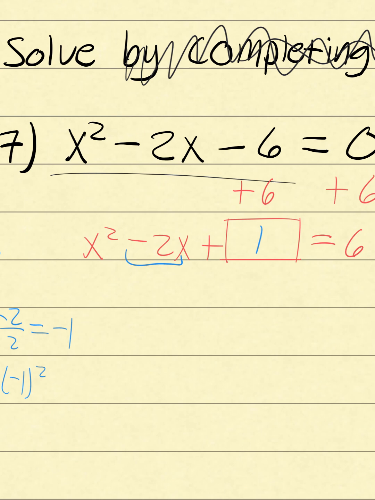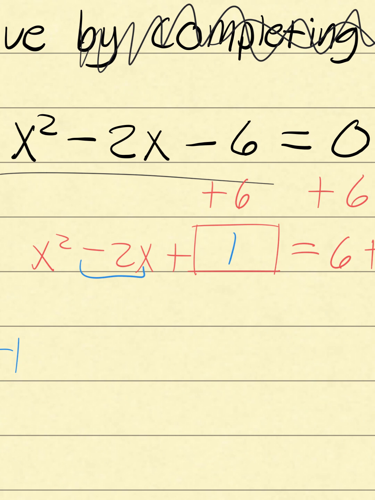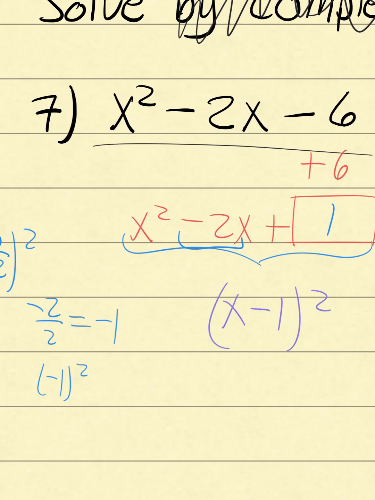Now, why did we do that? What was the point of doing that? So we can do what to this side of the equation? Okay, so this is going to become x minus 1 squared. This minus 1 comes from this -1 right here.